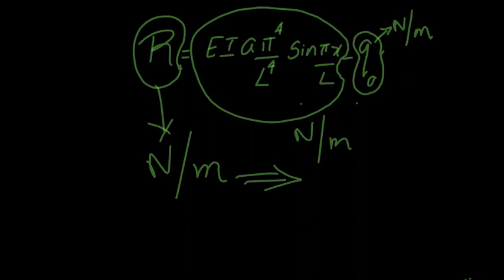So which means that at x is equal to, let me give one example. This is a simply supported beam that is subjected to uniformly distributed load. At x is equal to L over 3, let me say that the error value is 10.